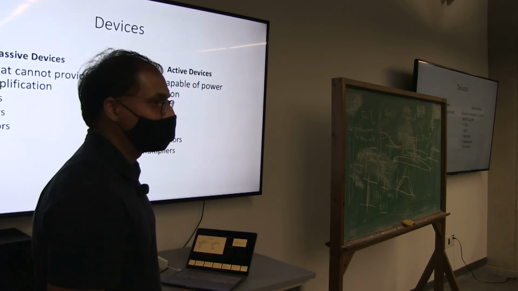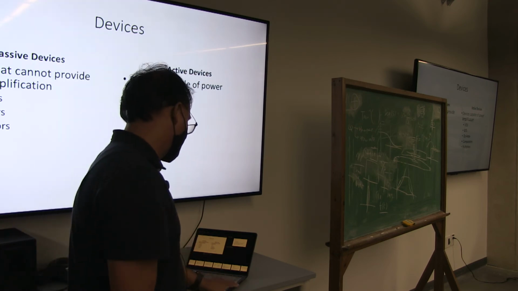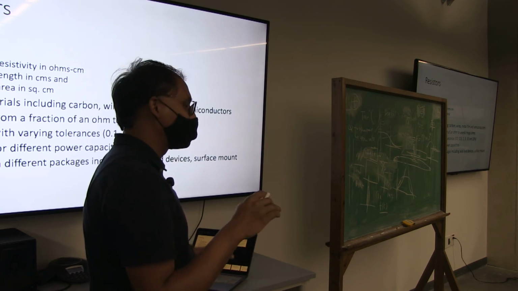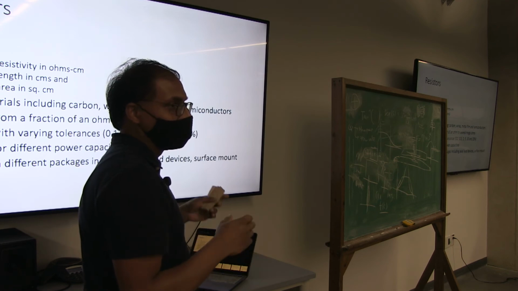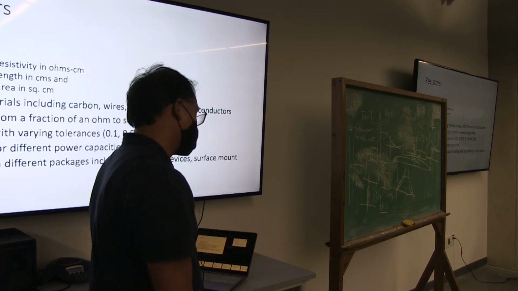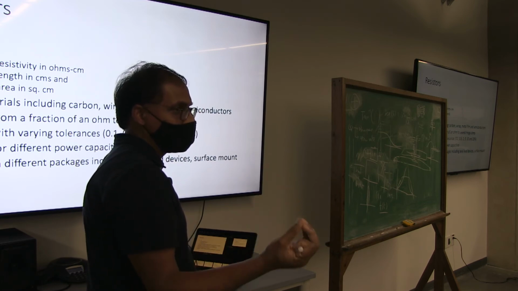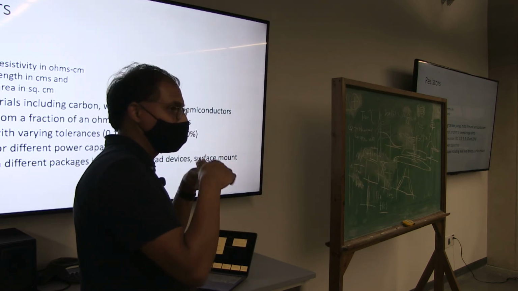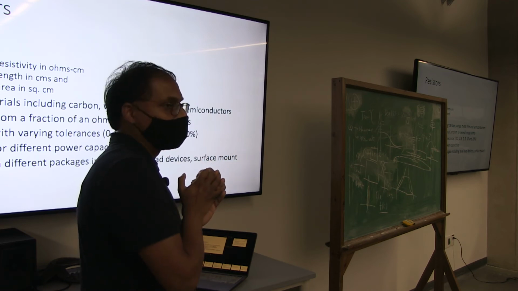So I'll skip the devices part. Here I've covered the passive and active devices. Just to give an overview, resistors are expensive and they're very poor. The tolerance is very high in any physical resistor that you put on a PCB, and a resistor that you put in an IC is reliable but very expensive.